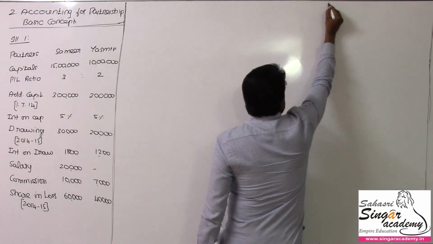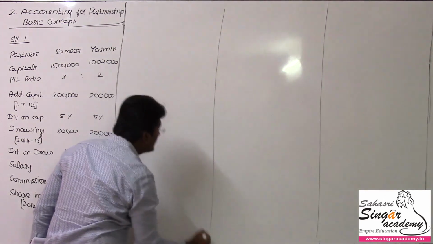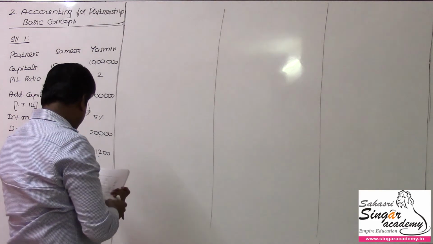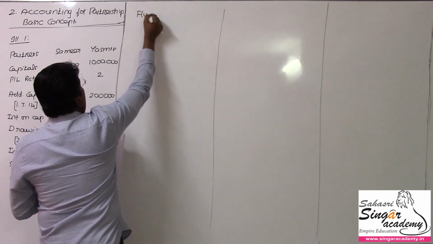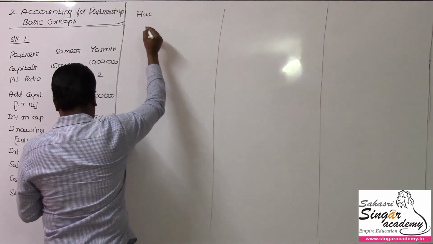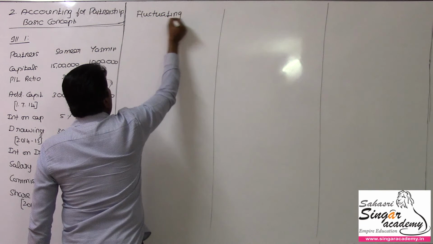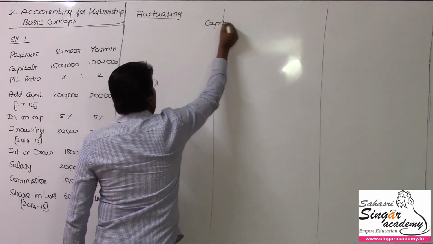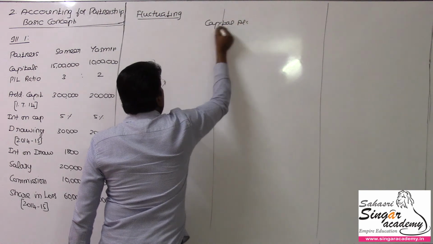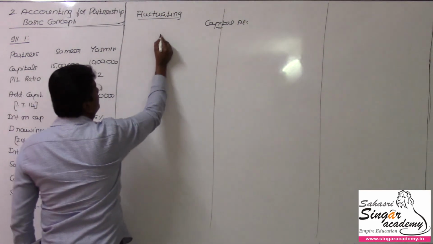Columnar form, capital account under fluctuating capital method. I am going to open the capital account under columnar form. For Samir a column and for Yasmin a separate column.